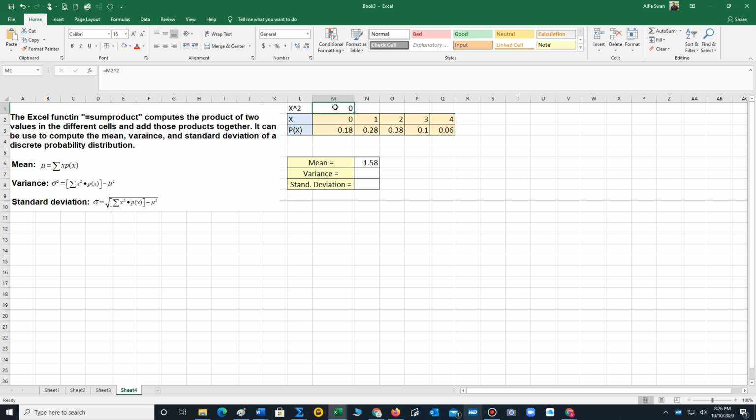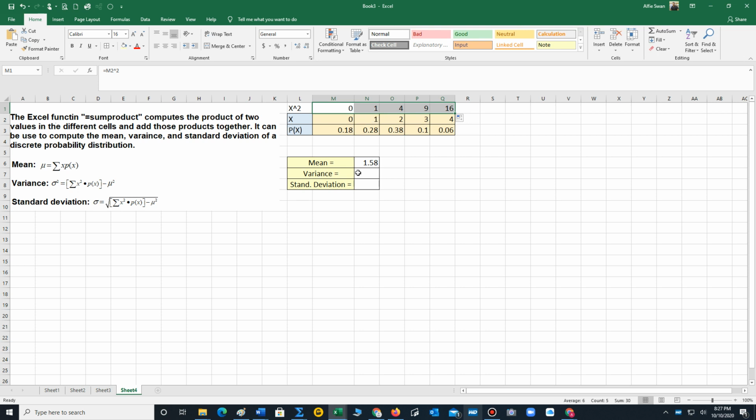Next, we select the cell, and if one notices, there's a little box in the lower right-hand corner of the cell. Position the cursor above that box. When the cursor transforms into a cross, drag the result to the right, and all the outcomes will now be squared.